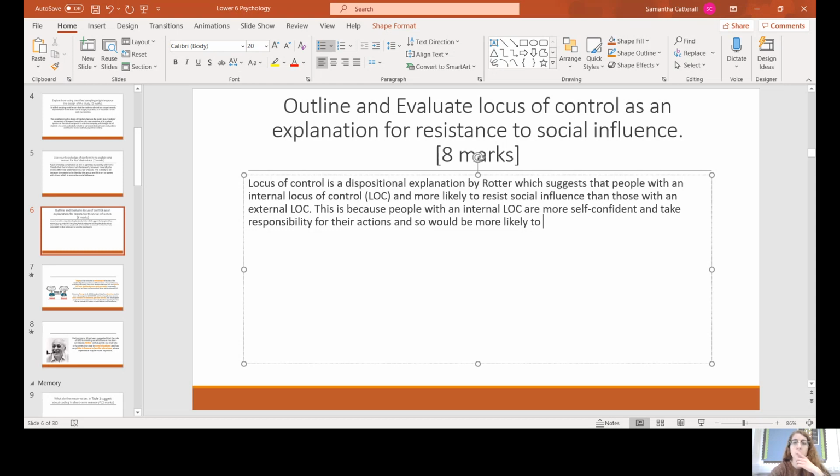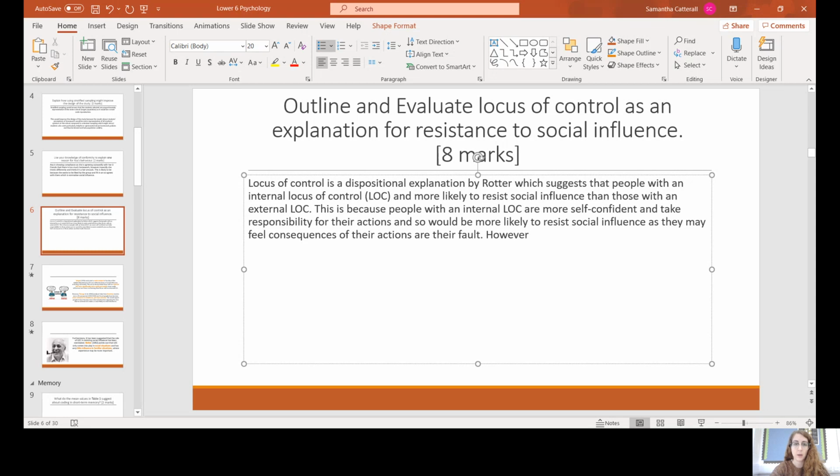So locus of control is just like rota. Because people also take responsibility, and so would be more likely to resist social influence as they may feel it is their fault.